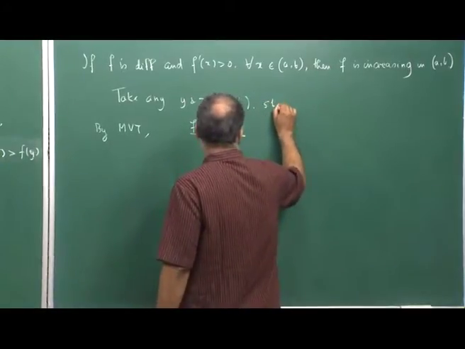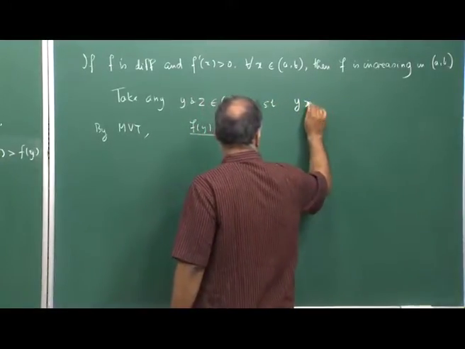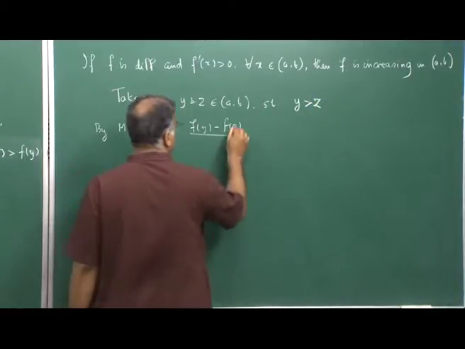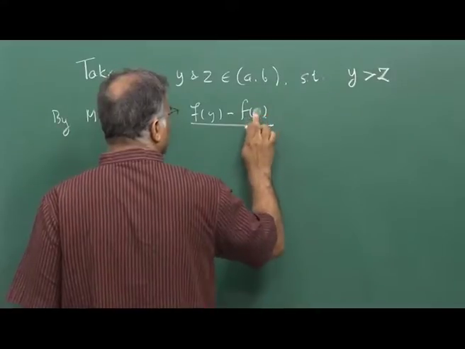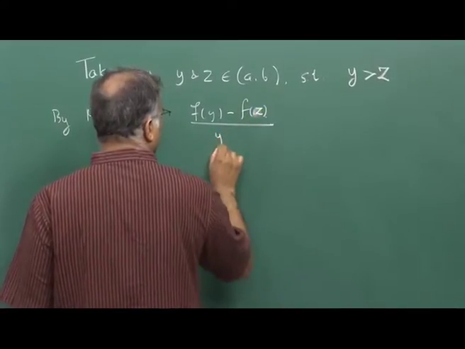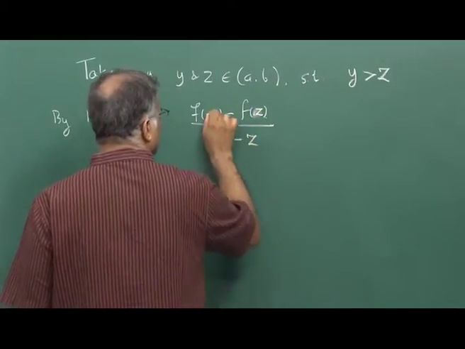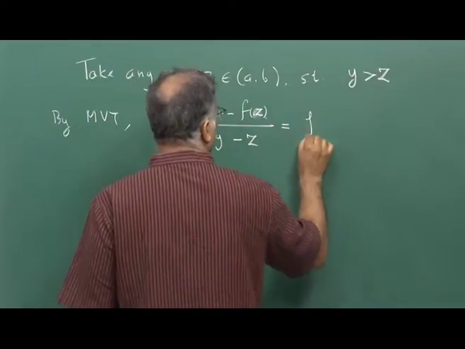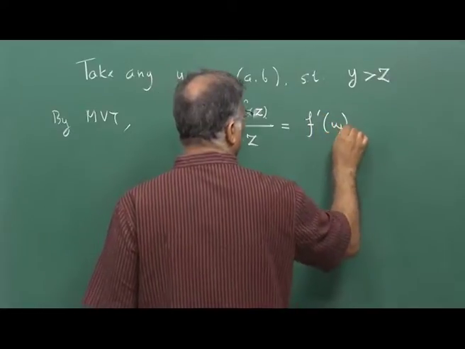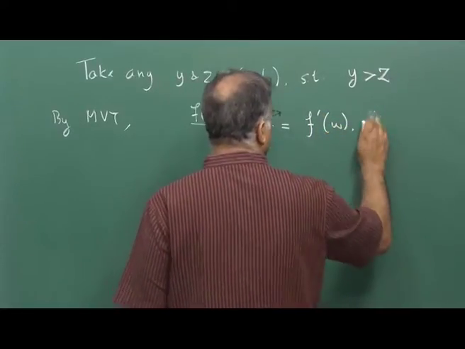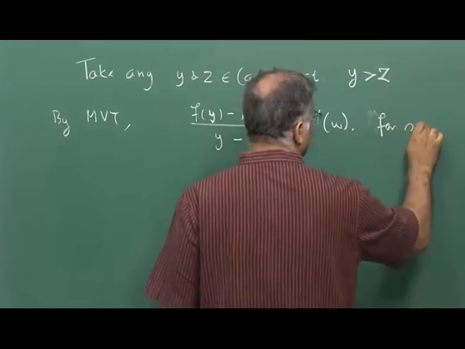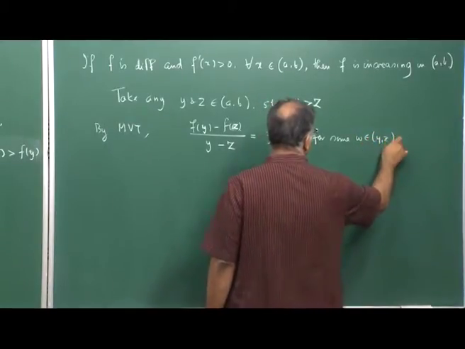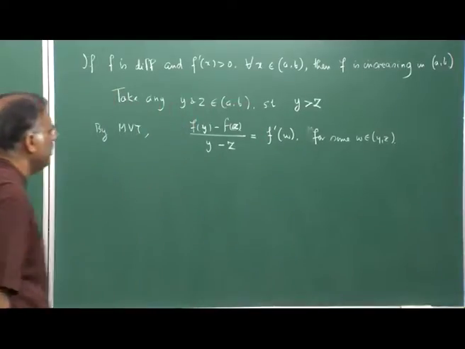So choose it in such a way that y is strictly bigger than z. Then Fy minus Fz by y minus z must be equal to f dash w for some w in the open interval yz, by the MVT.